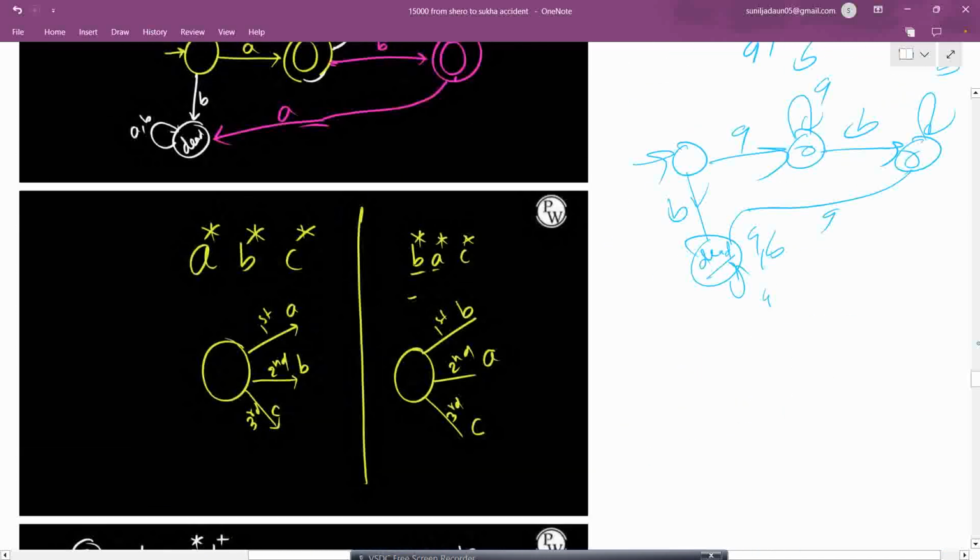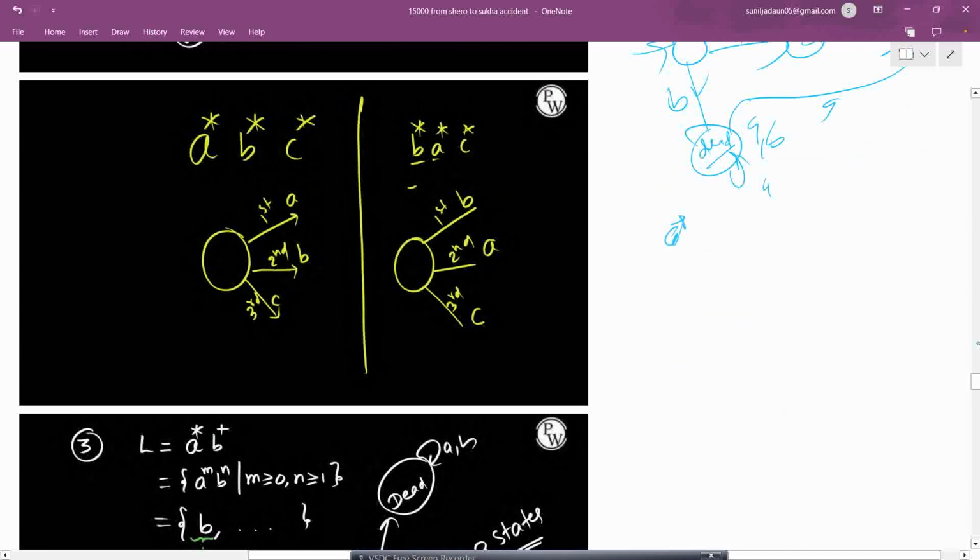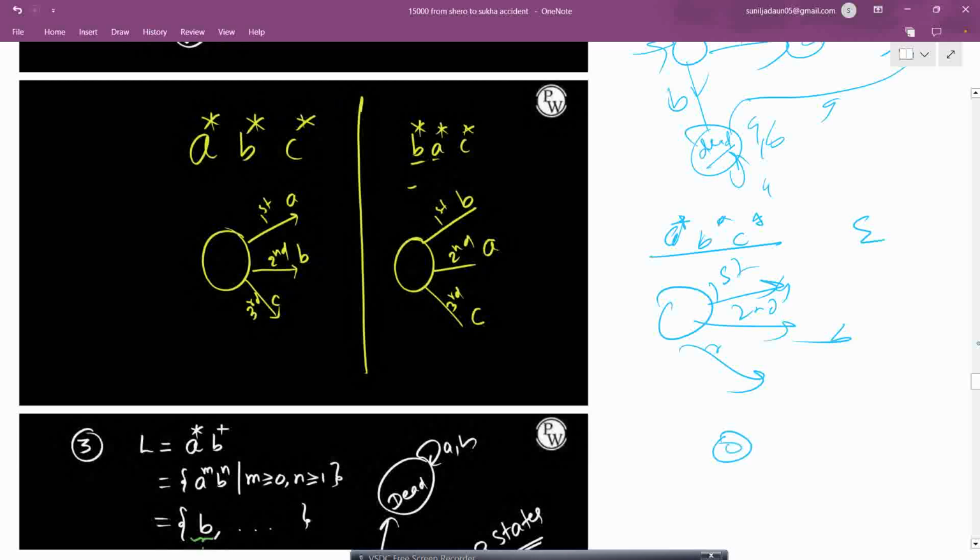Yes, so we will do this A asterisk B asterisk C asterisk. What is this? Let's see, first A, second B, third C. The minimum is null, so first only null is final, alright.